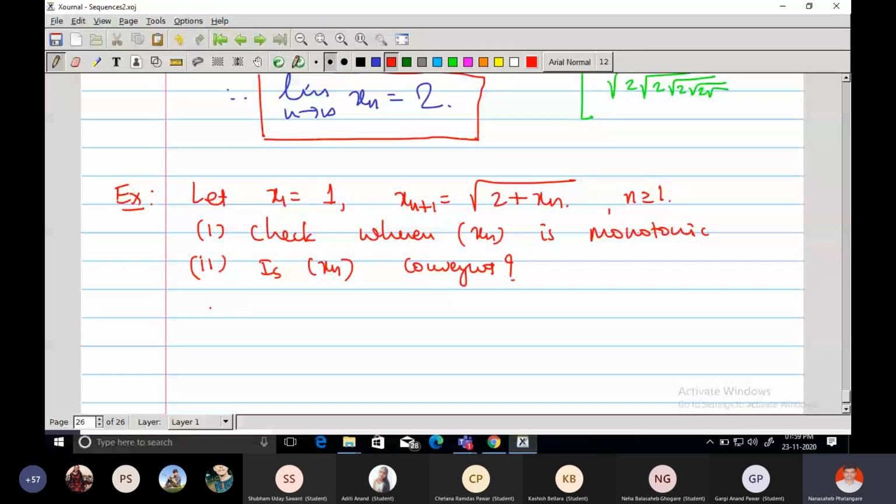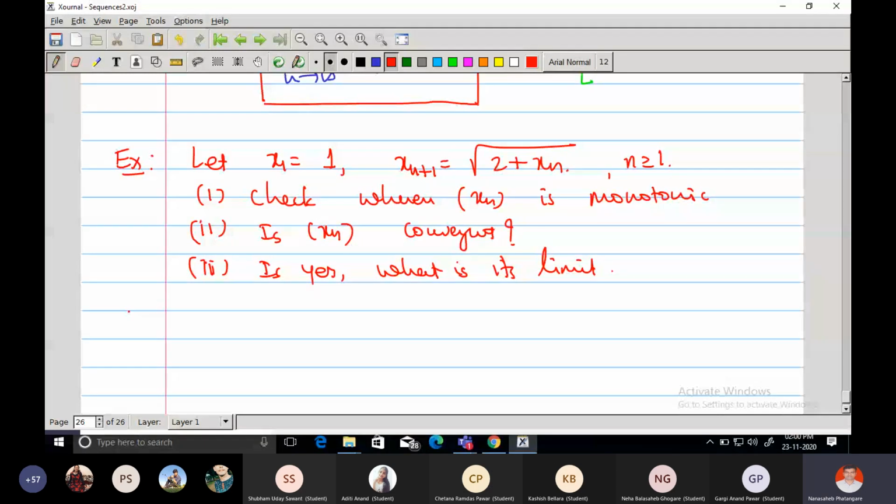Third, if s is the limit, find it. So follow all the process which we had in the previous example. Next example: x_{n+1} is the square root of 3x_n and x_1 is 3. Then repeat all the above procedure for this sequence.